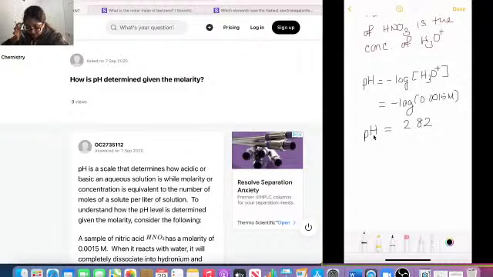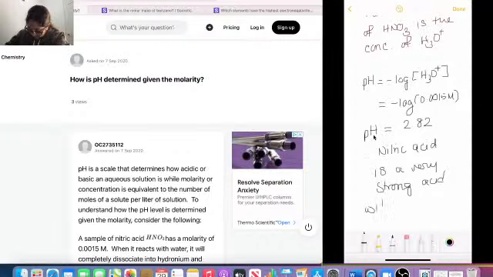So you're basically getting your hydronium ions from your nitric acid, and as your closing statement, you can say that nitric acid is a very strong acid with a pH of 2.82.